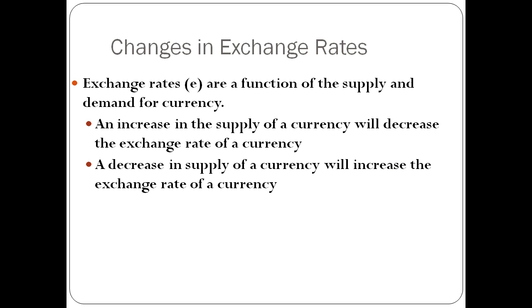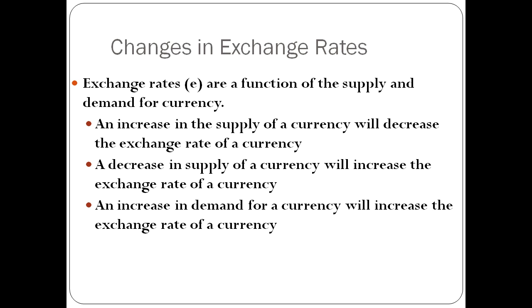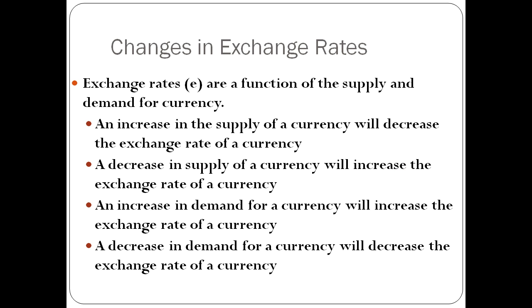A decrease in supply of a currency will increase the exchange rate of a currency. That is called appreciation. The currency is appreciating, and the currency is becoming more valuable. An increase in demand for a currency will increase the exchange rate of a currency, and a decrease in demand for a currency will decrease the exchange rate of a currency.